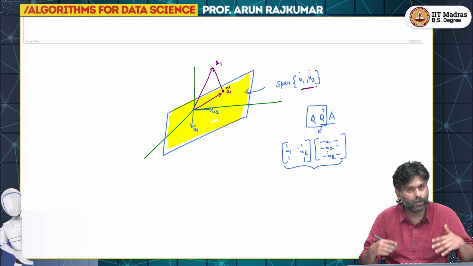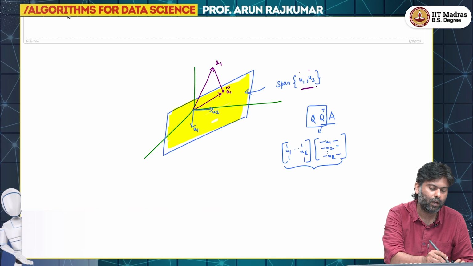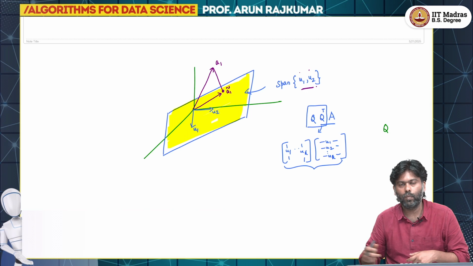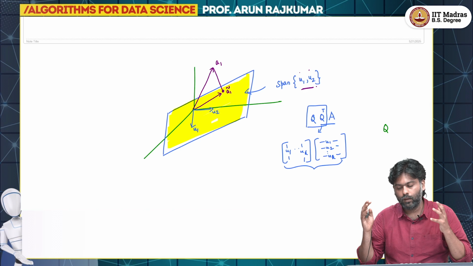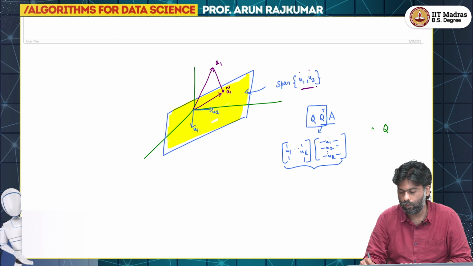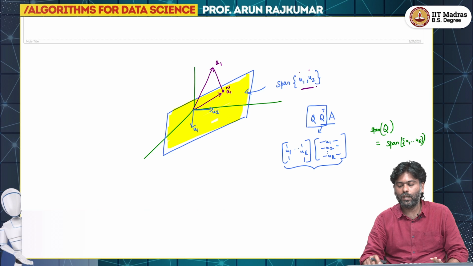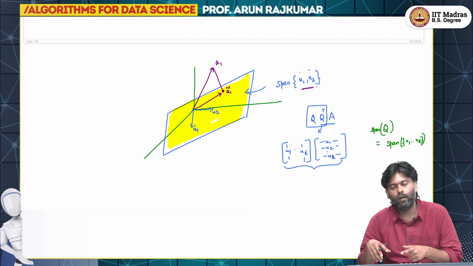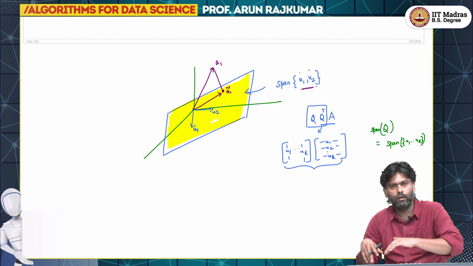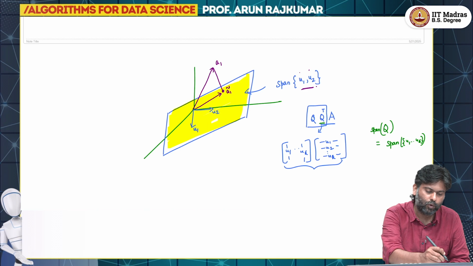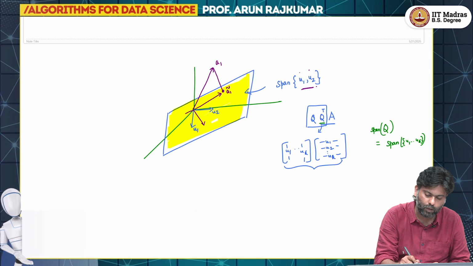Now, if somehow magically I can come up with a different Q which need not have U1 to UK but still has orthonormal columns, such that the span of Q equals the span of U1 to UK, then I am happy, because for any such orthonormal Q, I can do Q transpose A. For instance, think of it as rotating U1 and U2 by 45 degrees.